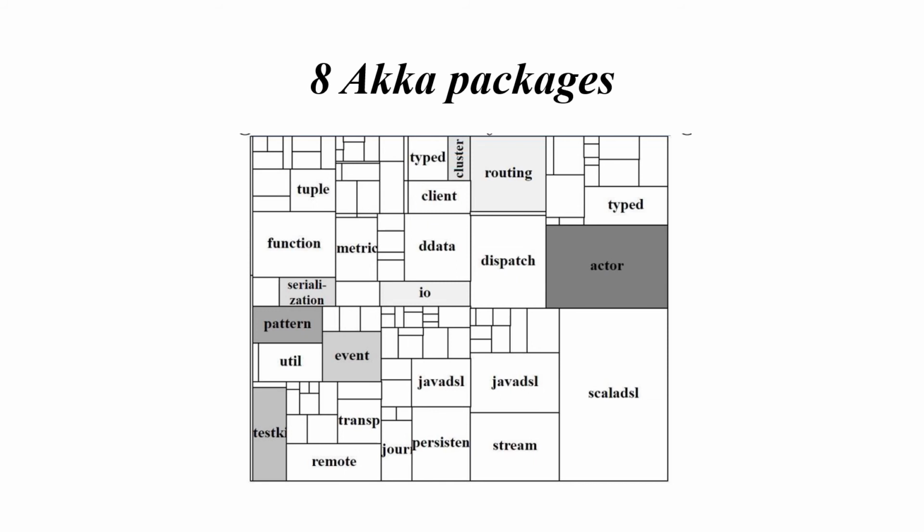Among these, the package actor is the most common with 81% usage, and routing is the least common with only 0.2%. We also find that 97% of API usages are for only 3% of Akka packages that are specific to untyped and local actors.